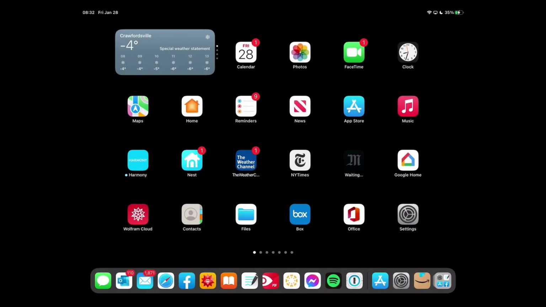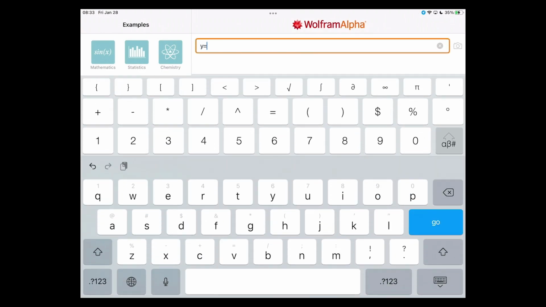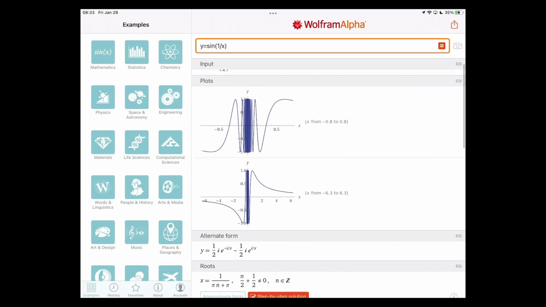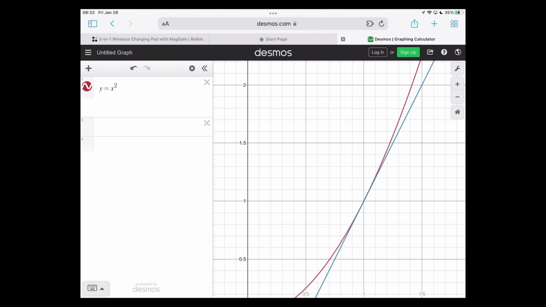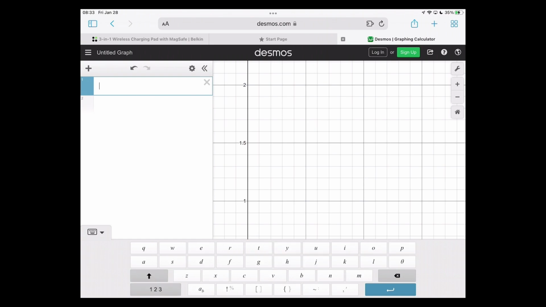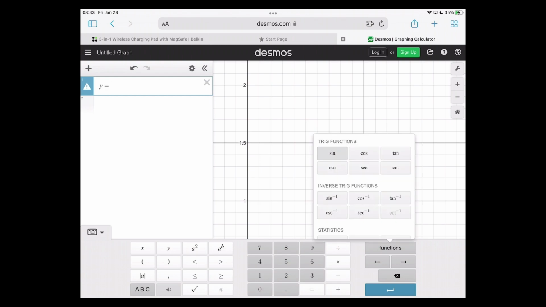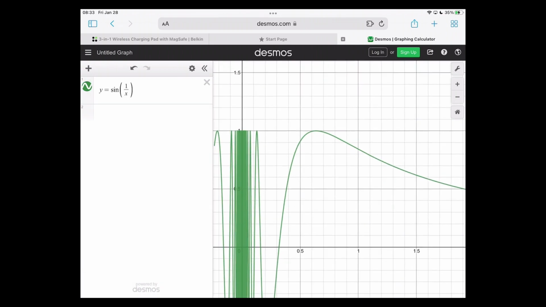So let me go to Desmos, actually. We want y equals sine of 1 divided by x.